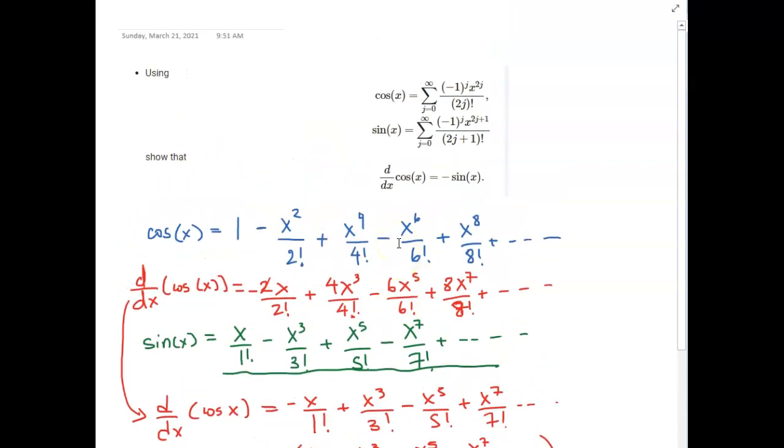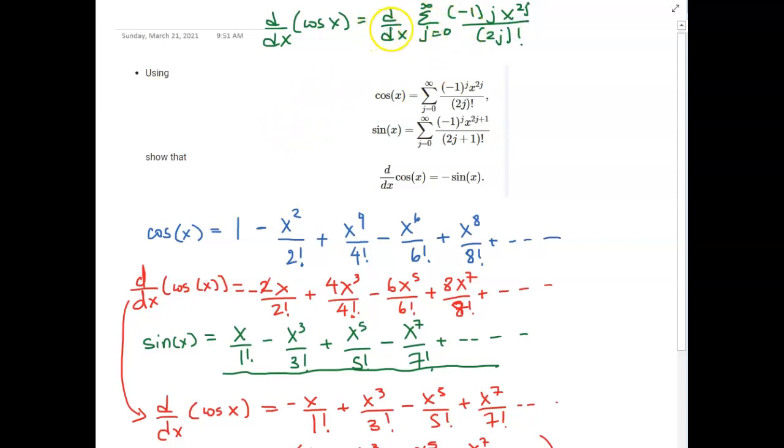All right. Another way is to go directly to the series. Okay, so if I take the derivative of cosine of x, we want to take the derivative of the sum from j is 0 to infinity of negative 1 to the j, x to the 2j divided by 2j factorial.